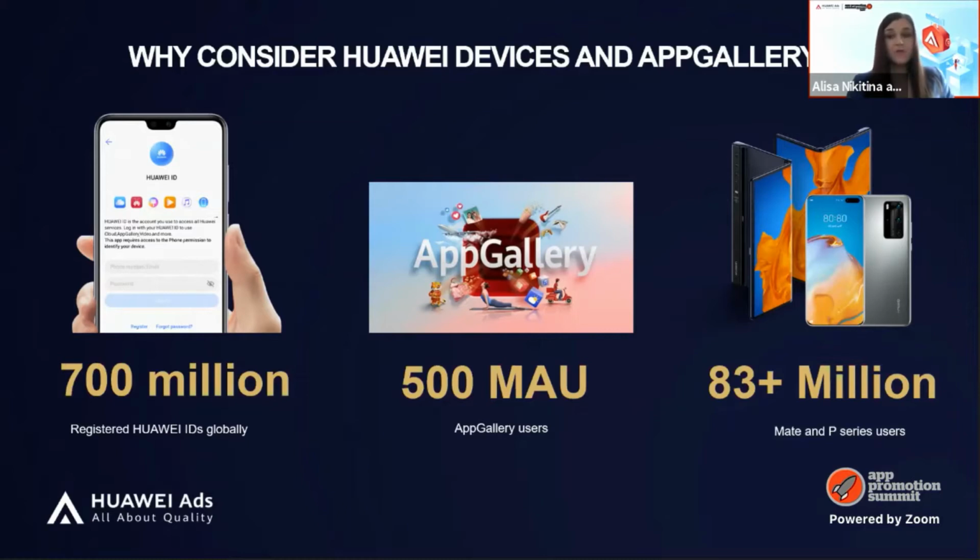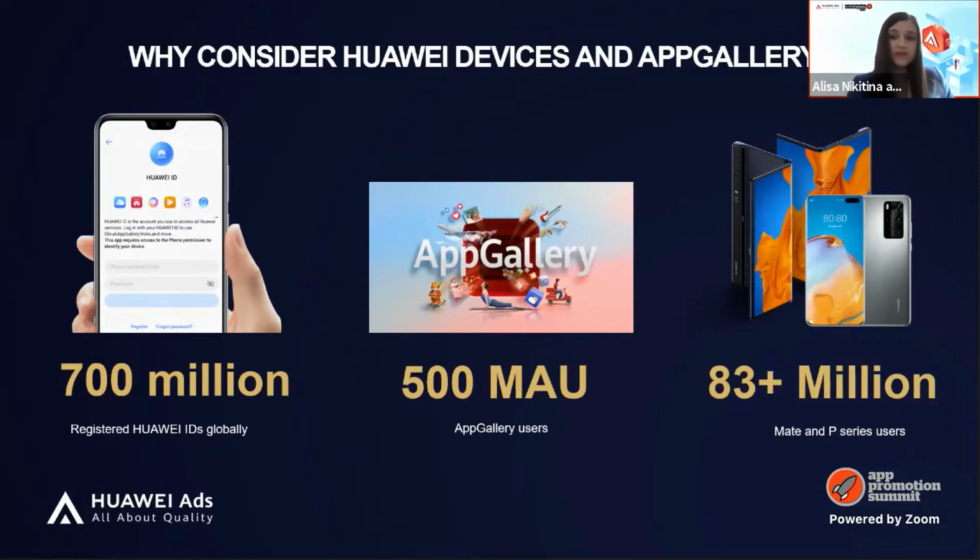There are also 500 million users coming to App Gallery every month, which makes it the third largest app store in the world. There are also more than 83 million premium users on newer Huawei devices, for example the Mate or P series, and their primary app store is App Gallery. So by not using Huawei Ads or reaching them through our channels, you're excluding these users from your targeting.